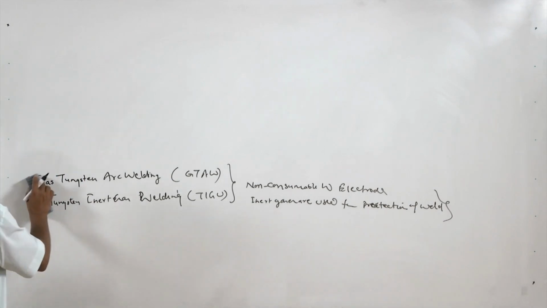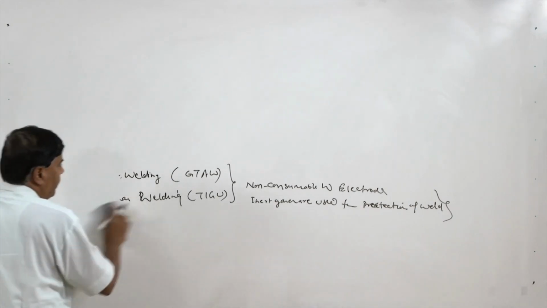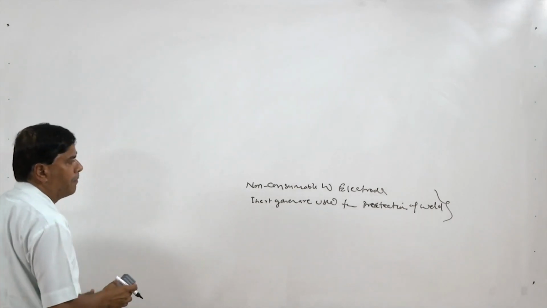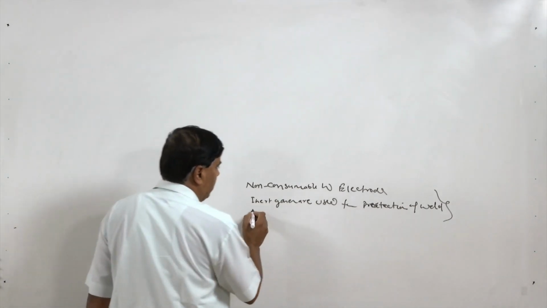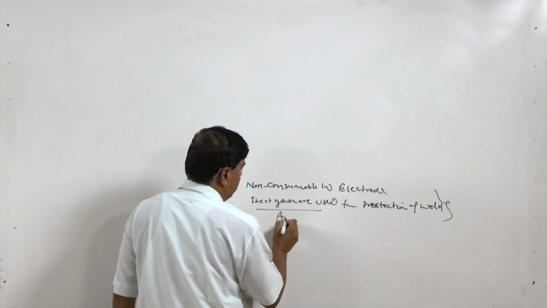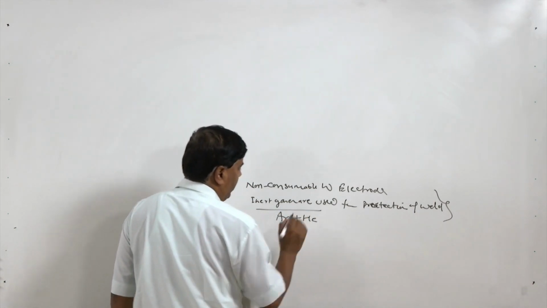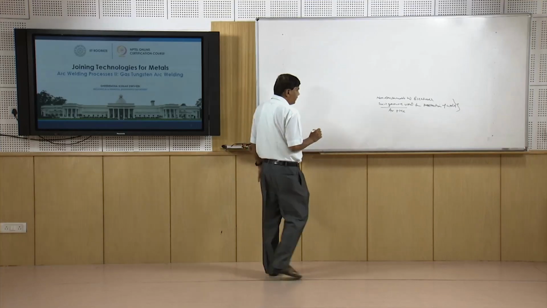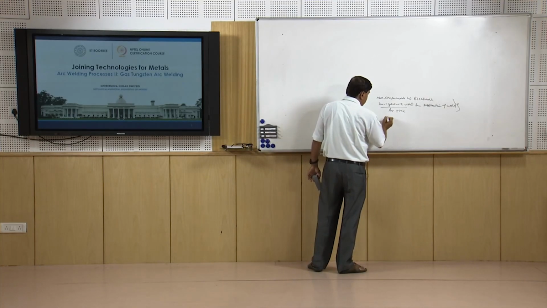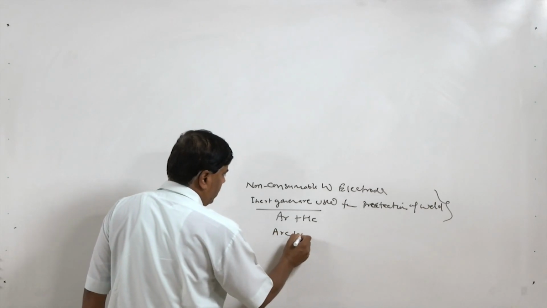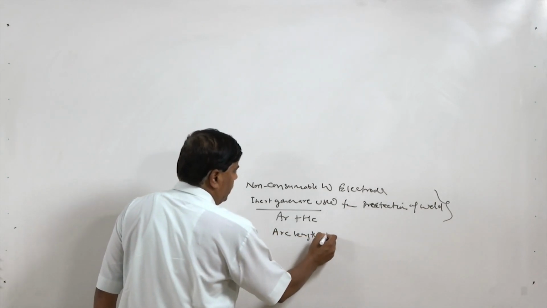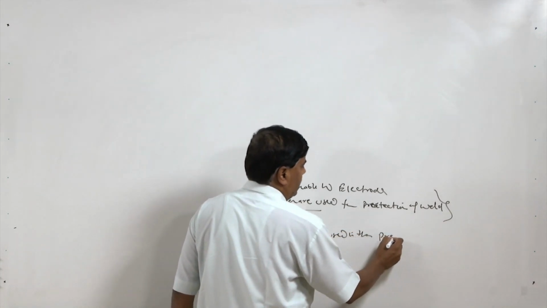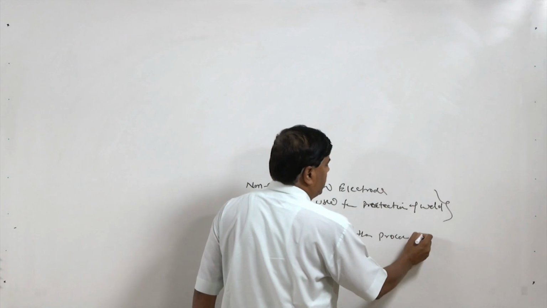Since the process does not use any consumable electrode and only inert gases are used for protection, the commonly used inert gases are argon and helium. Along with this, another unique thing is that the arc length used in this process is very short.